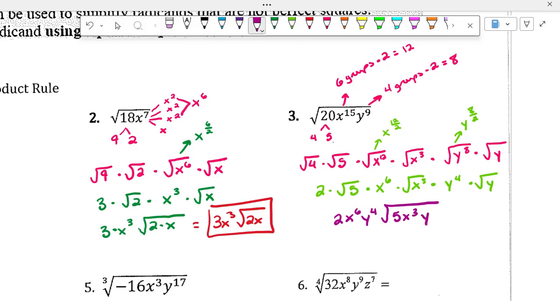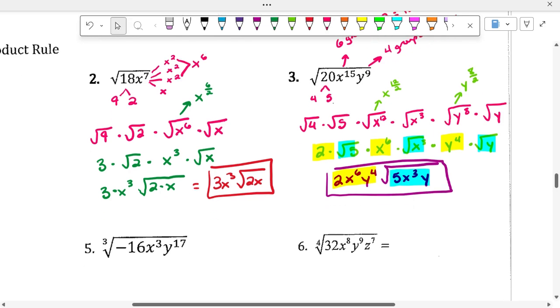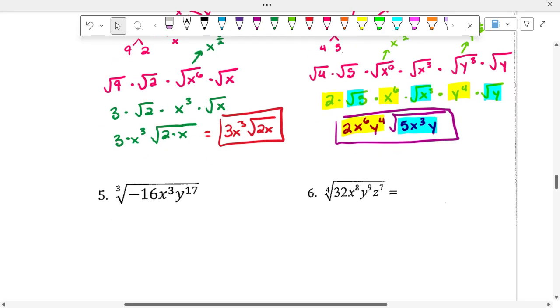Y. Good. So that's kind of what you do at the end. You combine all of your non-radicals. So these are all my non-radicals, which we got here. And then you combine all of your radicals, which we got there. Does that make sense? Yes, no, maybe? Yep.